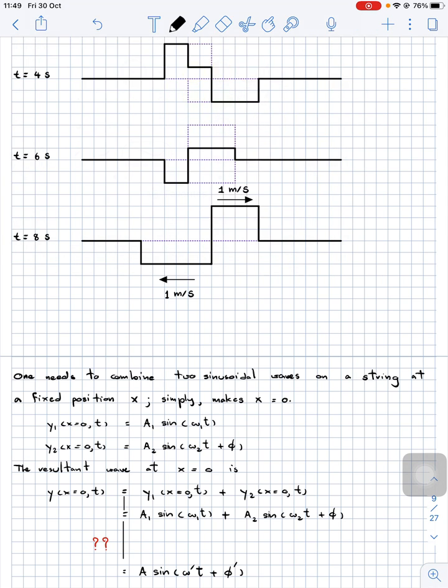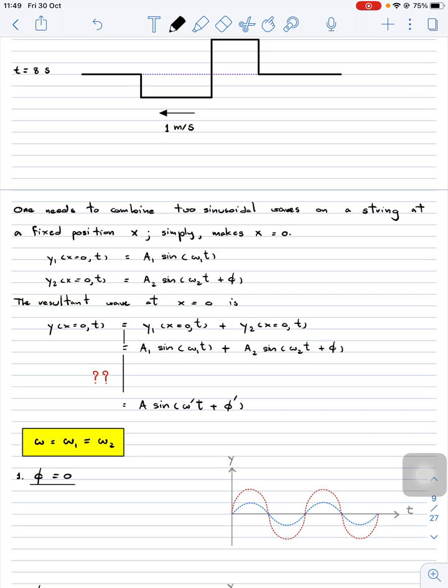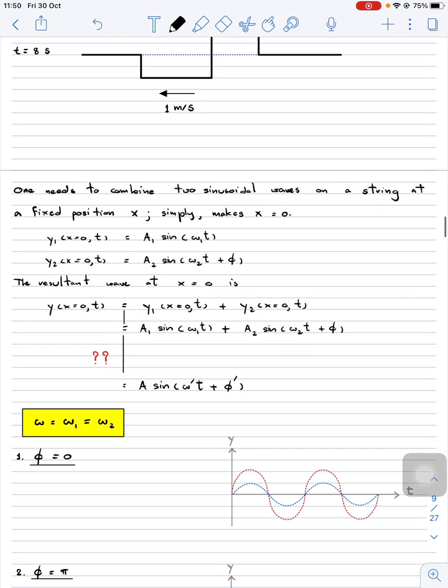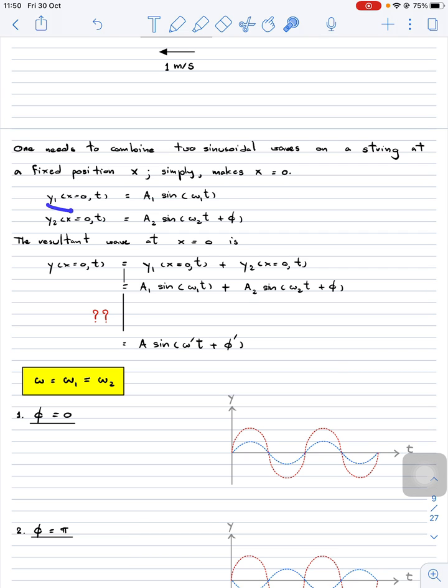Okay, so then how about the general case, if we want to combine two sinusoidal waves on the same string at a fixed position x. For simplicity, I just want to make x equal to 0, so that we don't need to write too much. Let's say the first wave has the wave function y1, at x equal to 0 and time t, equal to a1 times the sine of omega 1 times t.